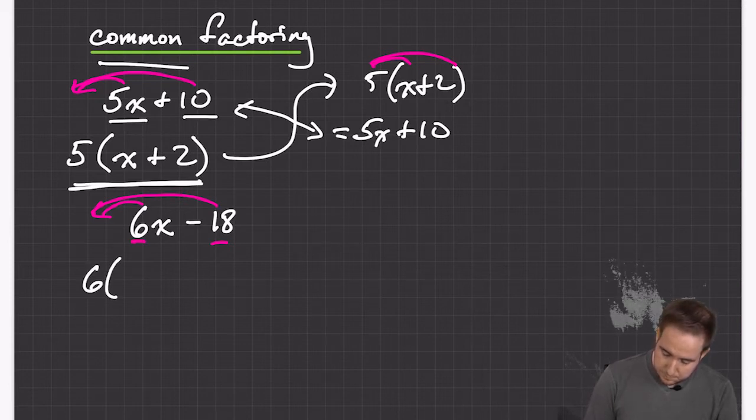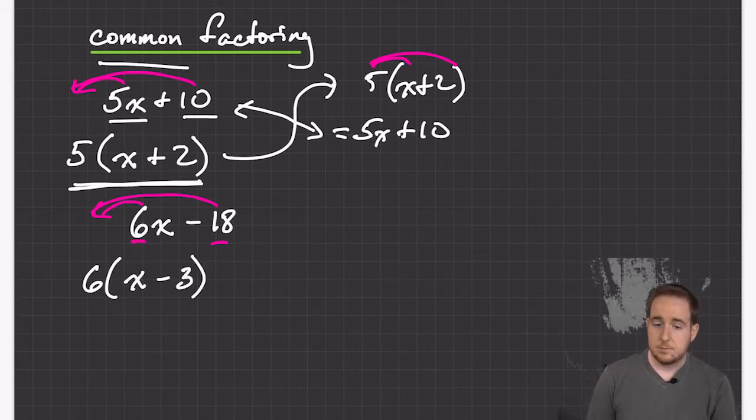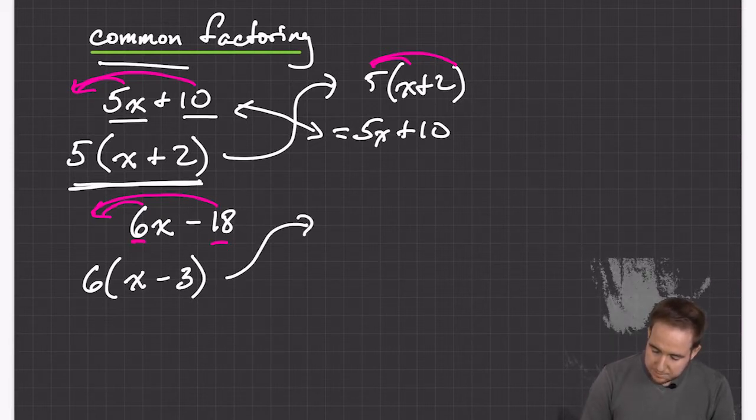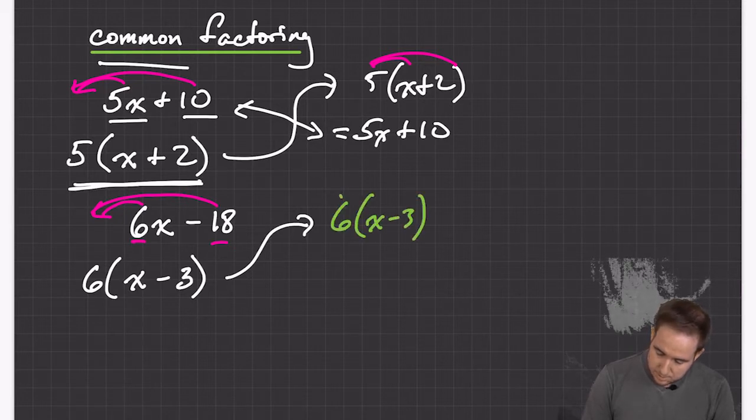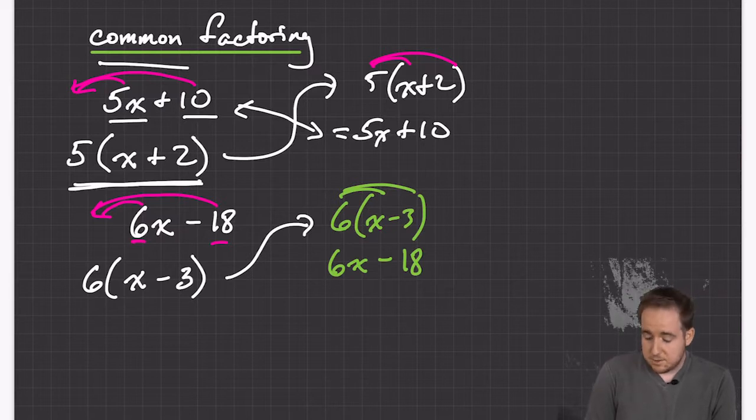And this would be x minus an 18 divided by 6 is 3. And again, if you're not sure if this is allowed, what would somebody do if they were given this question? 6 times x minus 3. This is 6x minus, and 6 times 3 is 18. So they get the same answer.